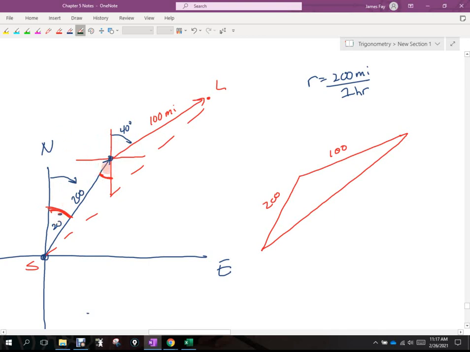So that's 20 degrees. How big is this angle right here? 90. How big is this angle right there? 50. So we got 50, 90, 20. Angle addition says that's 60 degrees?